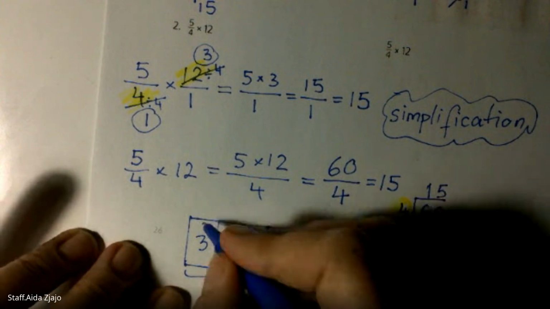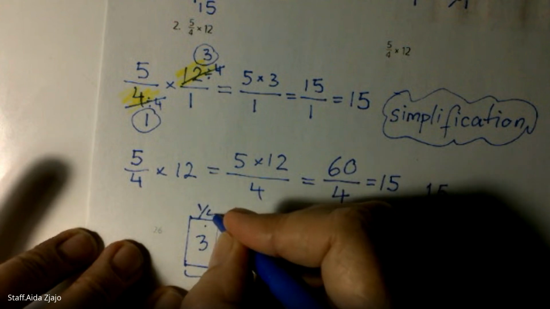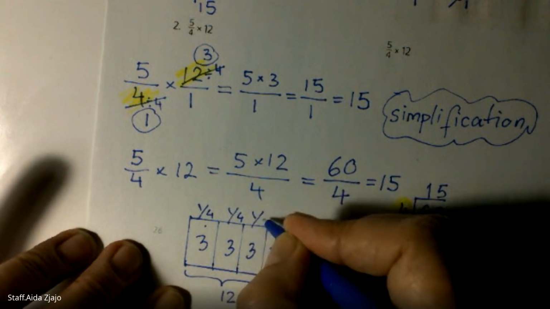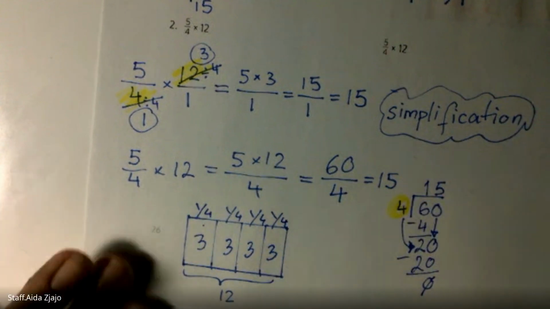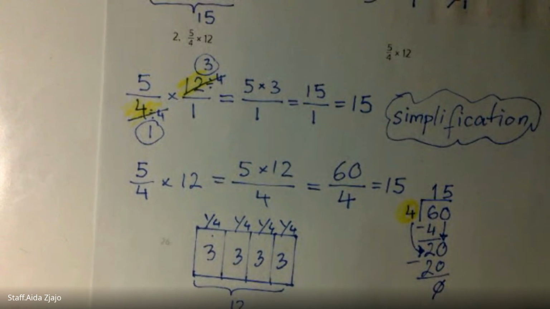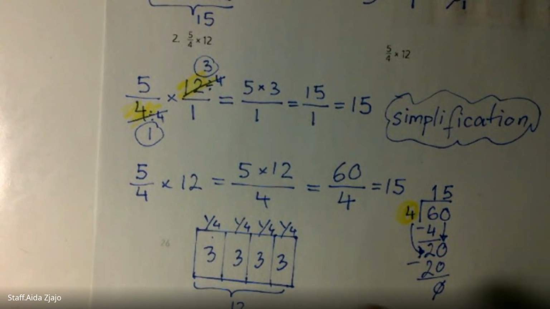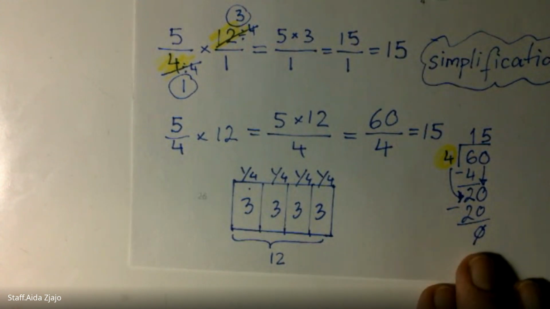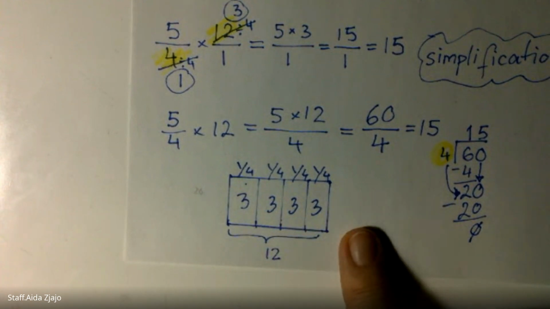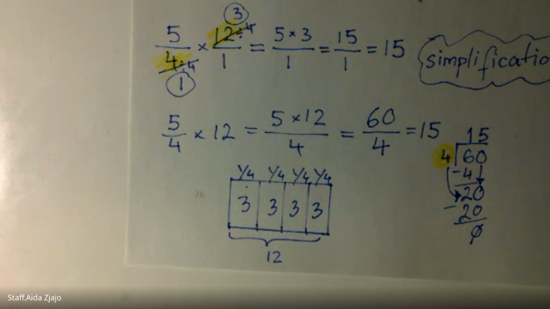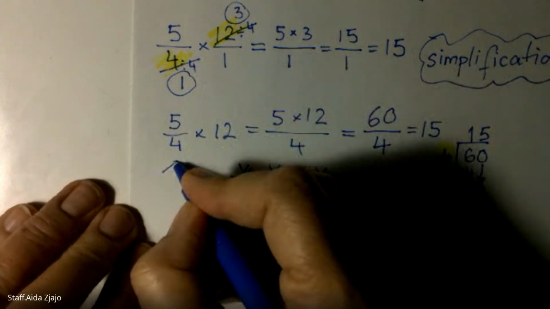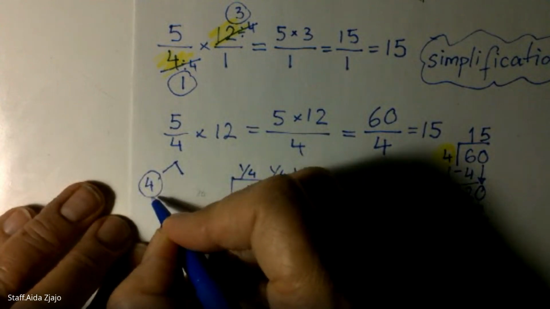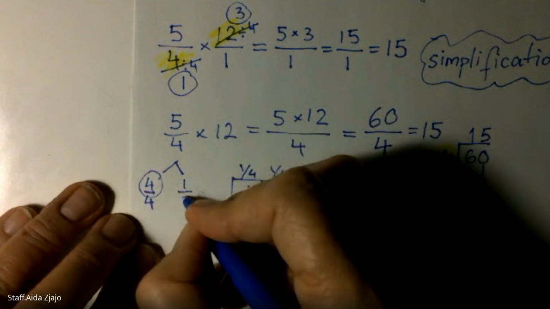Each represents 1/4, 1/4, 1/4, 1/4. So 5/4 is more than a whole. 5/4 is 1 whole and 1/4, because when we have 5/4, you have 4/4 and then you have 1/4 more.